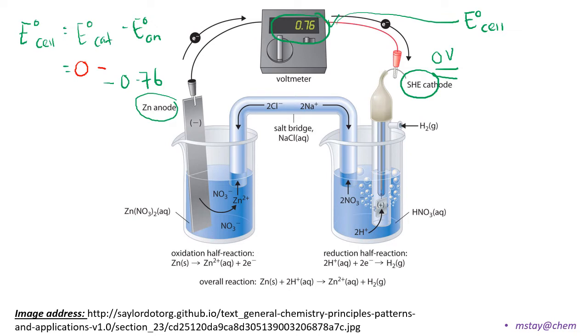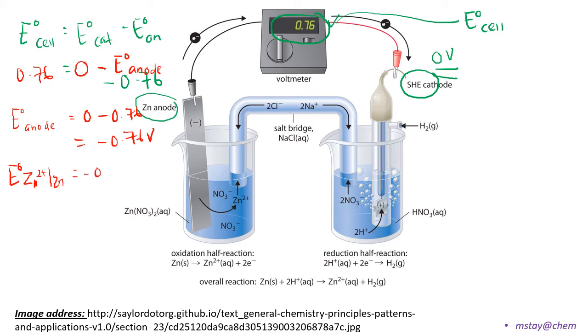Because E naught cell is 0.76, we don't know the electrode potential of the anode. Moving E naught anode to the left hand side, we use 0 minus 0.76, which equals negative 0.76 volt. So based on this formula, we know that the electrode potential for zinc is negative 0.76 volt.